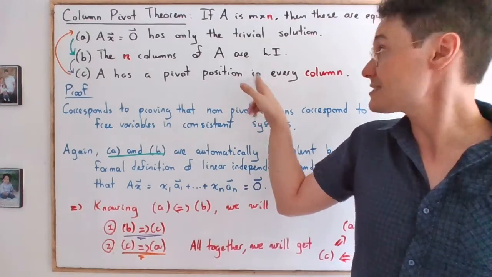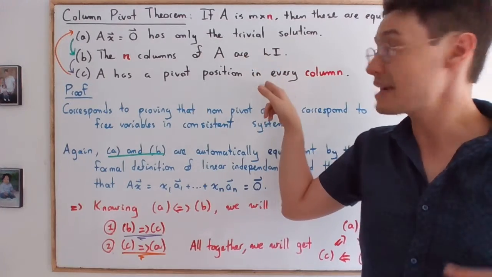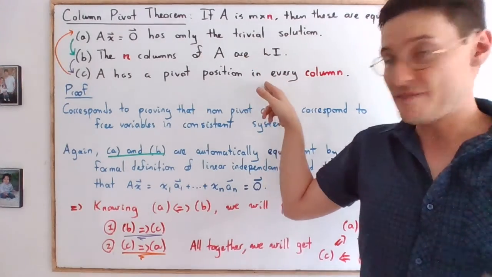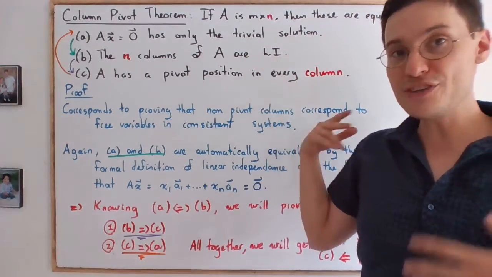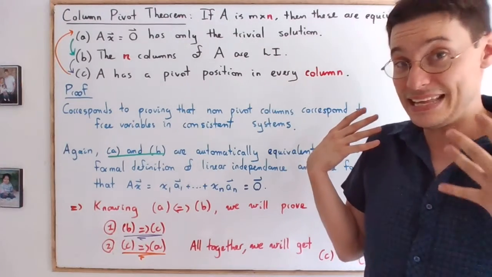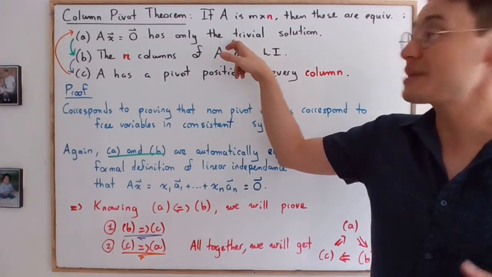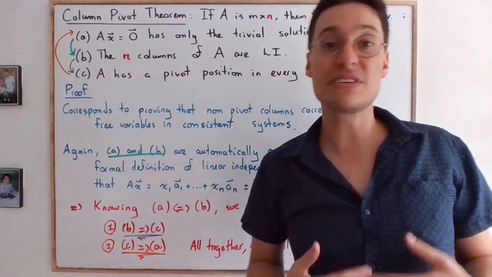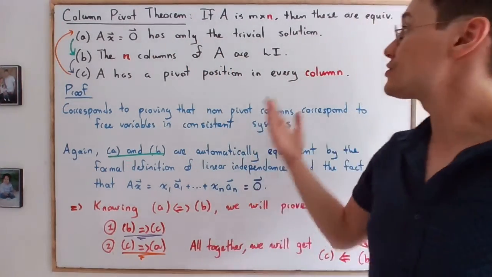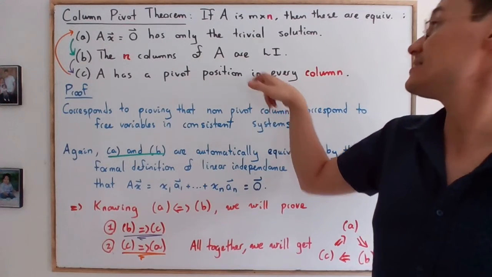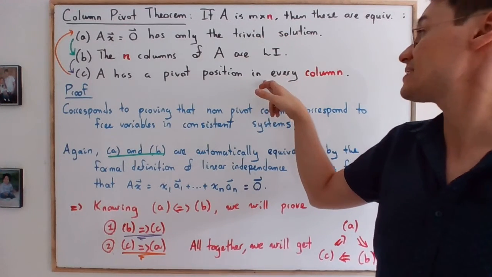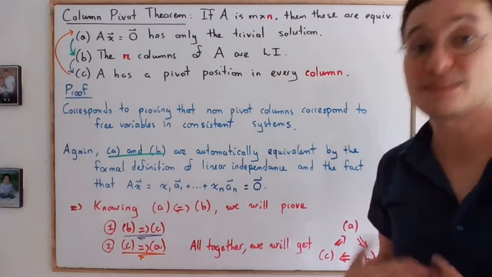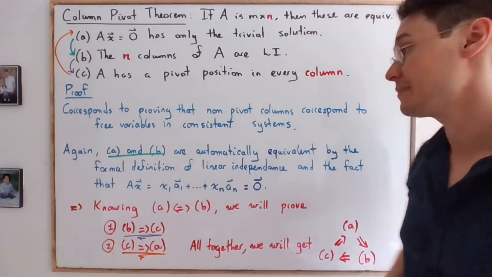If the answer is yes, the vectors are linearly independent. If the answer is no, the vectors are linearly dependent. And you use the theorem in the same way for answering this question: how many solutions does the system Ax equals 0 have? If the answer is yes, it has only one solution. If the answer is no, then it has many solutions, infinitely many.